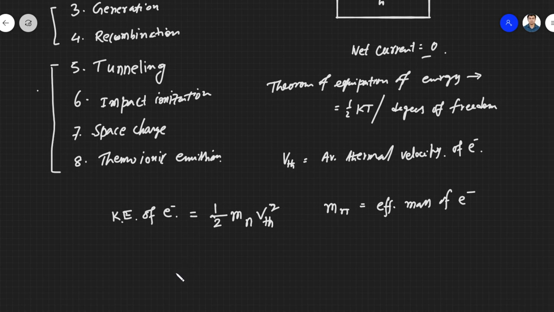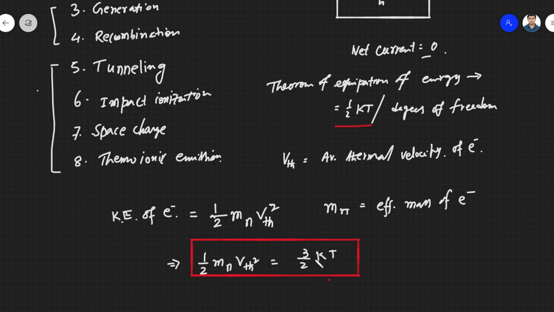So we can equate it: half mn vth square is equal to 3 by 2 kT. For each degree of freedom, we know from equipartition of energy that half kT is the energy. Now in three-dimensional space, the electron can move in all three directions, so it has 3 degrees of freedom. So the total energy, we can write with this equation, right? We can equate them.